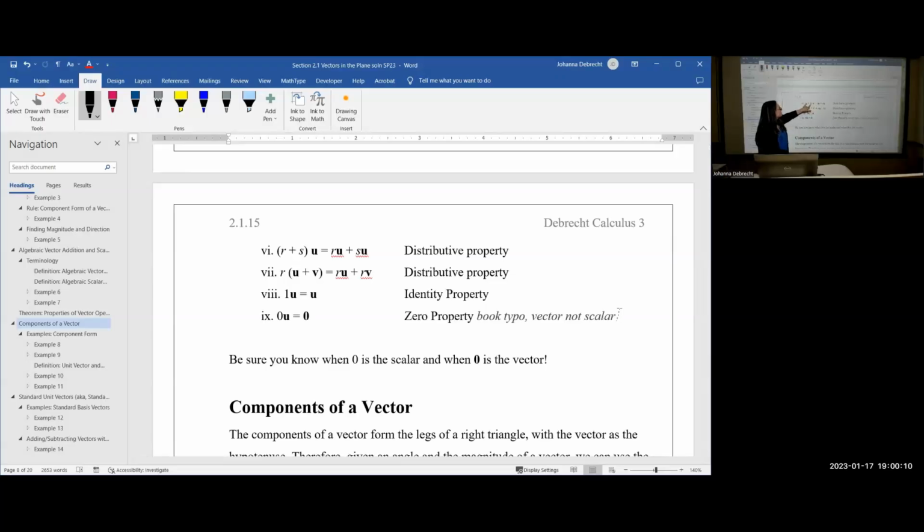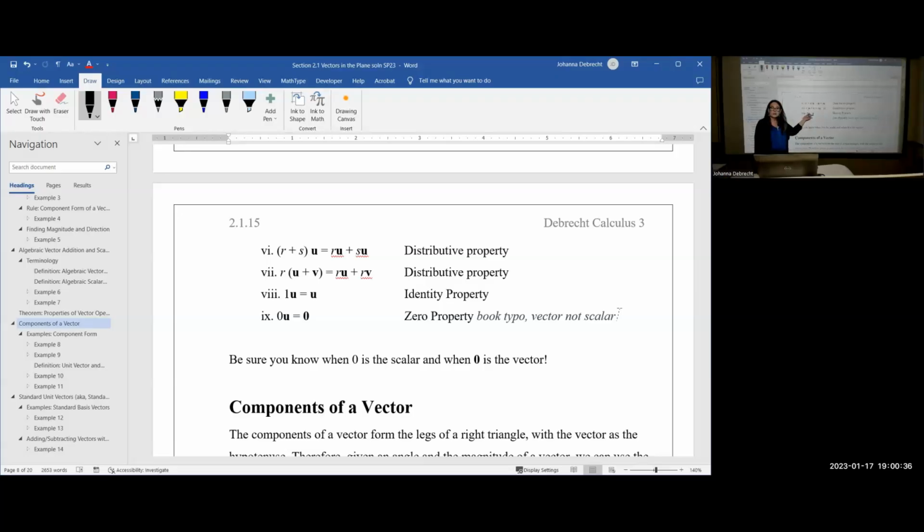So if you want to add two constants together and then multiply by the vector, you could distribute the constants over the vector and then add together. So the distributive property of scalars over a single vector applies. And you also have the distributive property of a scalar over two vectors, which also applies. So you get r times u plus r times v. That's what you think it would do.